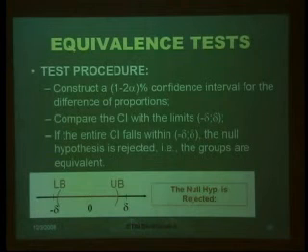There are 2 ways, basically, of doing an equivalence test. One way, which is a more complicated one, not so complicated, but more difficult to explain, is to do 2 non-inferiority tests as I did before. However, this is completely equivalent to constructing a confidence interval for the difference of proportions.